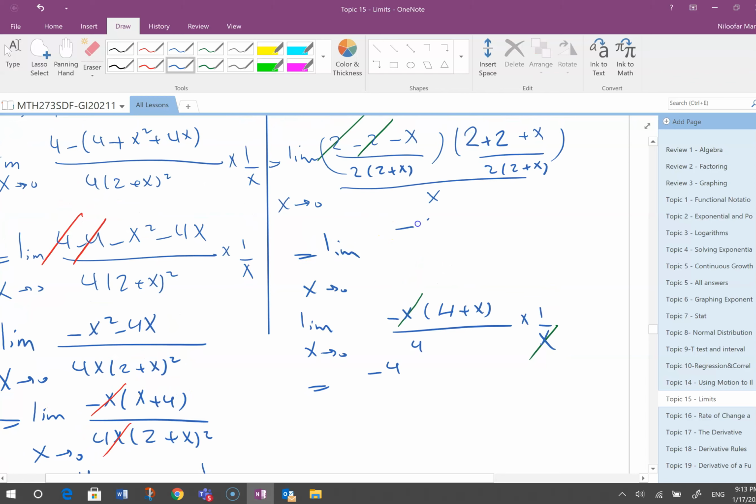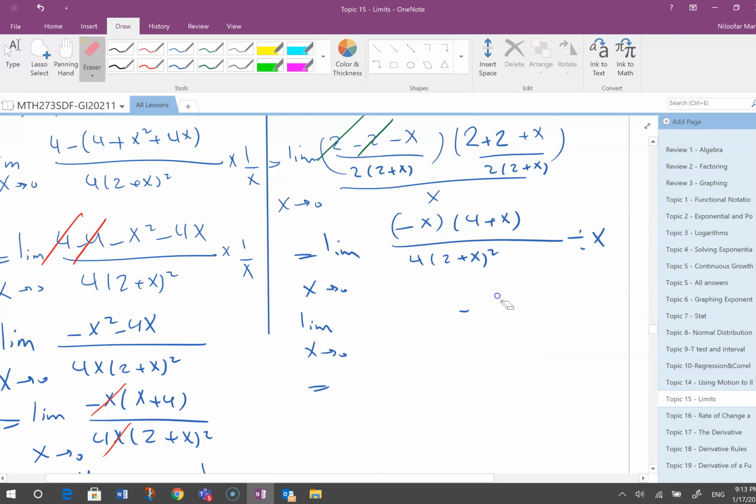So this is minus x times (4 plus x) over 4 times (2 plus x squared), times 1 over x, and then I can cancel this and this.